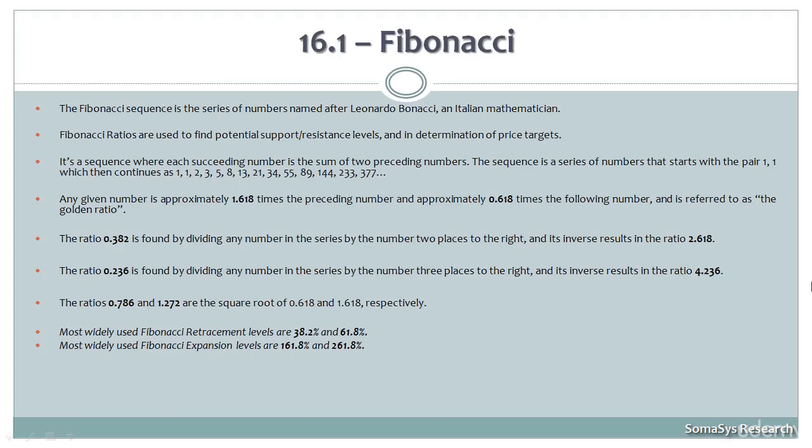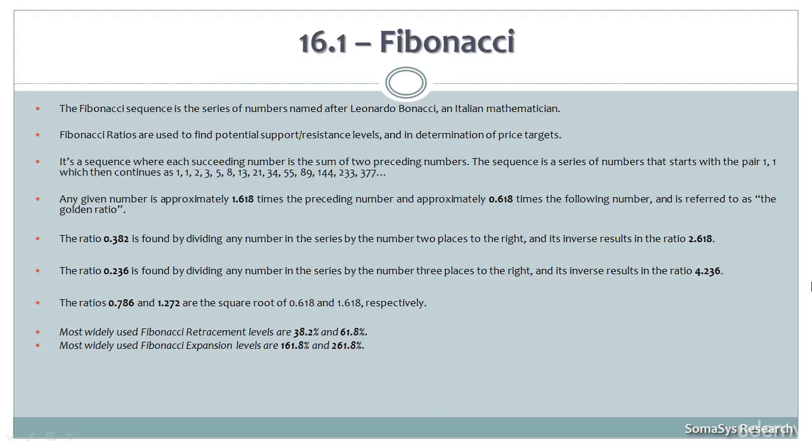It's a sequence where each succeeding number is the sum of the two preceding numbers. The sequence starts with the pair 1, 1, and then continues as 1, 1, 2, 3, 5, 8, 13, 21, 34, 55, 89, and so on till infinity.